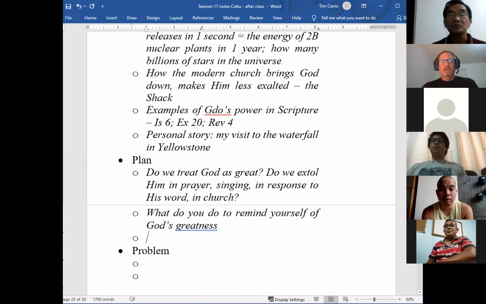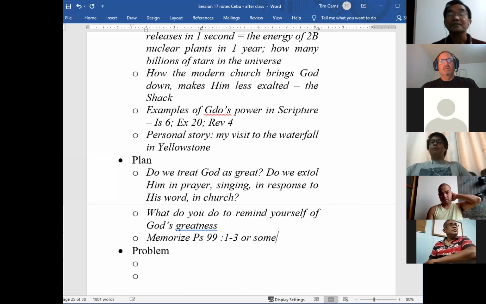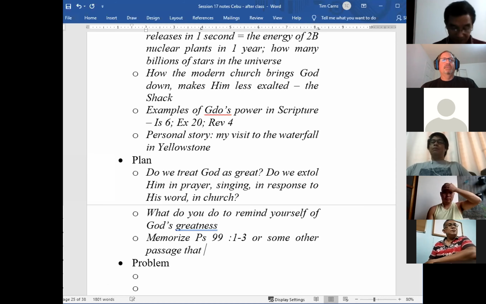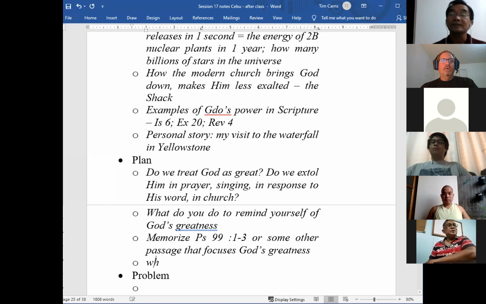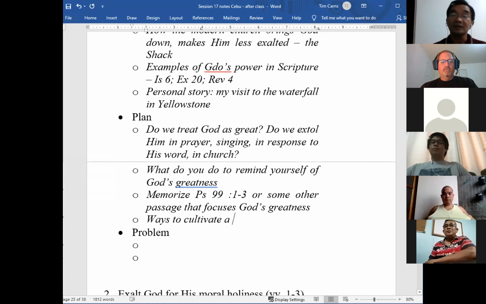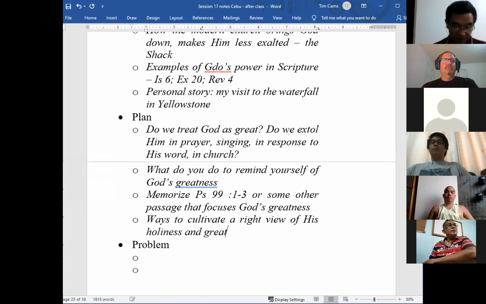Or maybe you encourage them to memorize Psalm 99 verses 1 to 3 or some other passage that focuses on God's greatness. Ways to cultivate a right view of his holiness and greatness. Again, just putting ideas down.